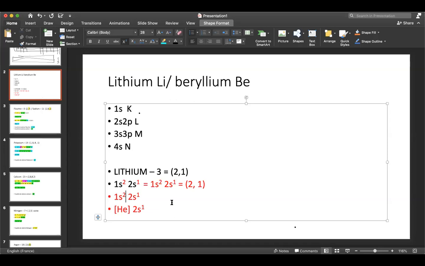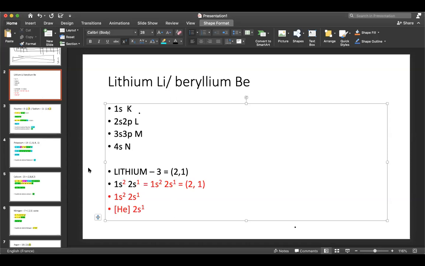The first shell occupies 2 electrons, that is for helium, and that is why we have this representation here. So the helium in square brackets just represents the 1s2 in the configuration électronique for lithium.